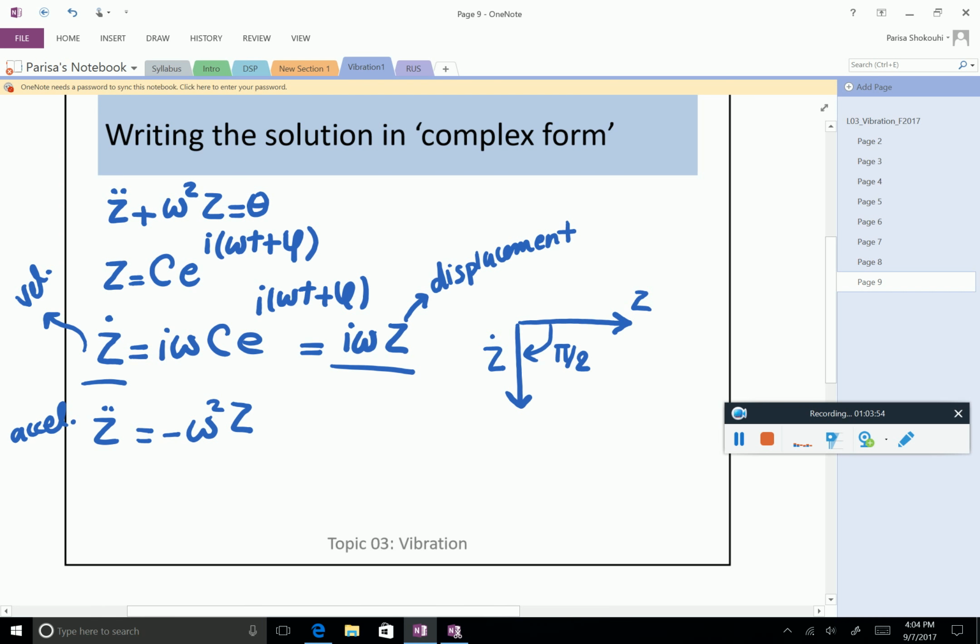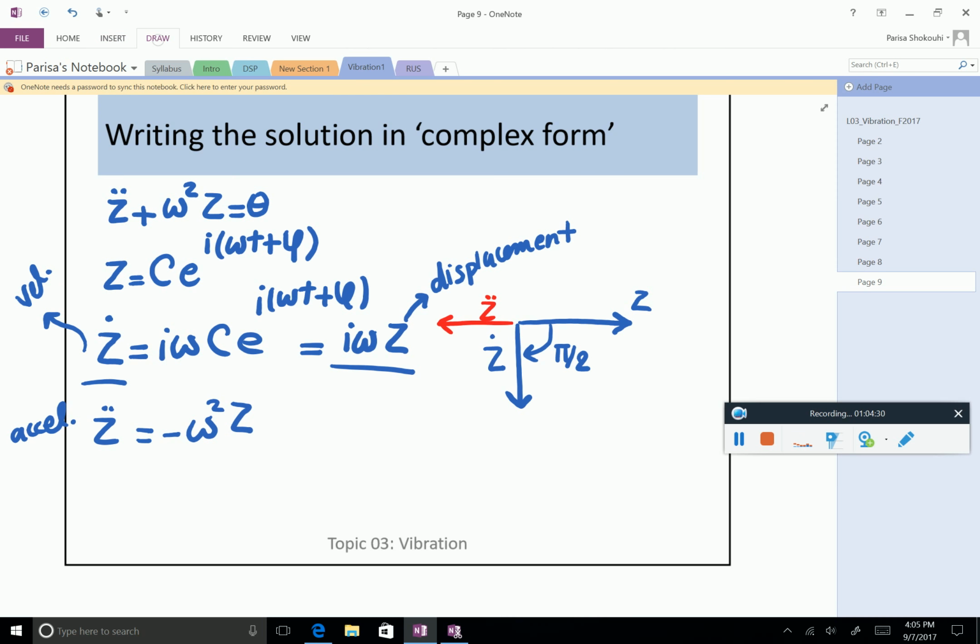You see that the acceleration, if you think about it in a vector way, is as if acceleration and displacement are on the same axis, but acceleration is always the negative of displacement, because you have omega squared, which is positive, so it's always to the other side. This is useful in everything we do to just know.